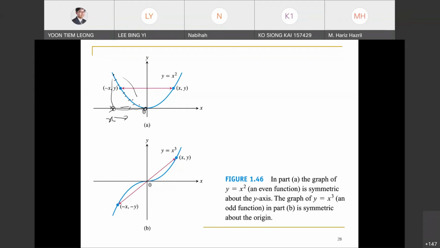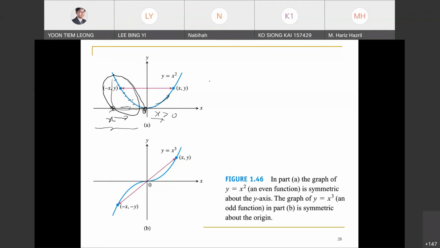So the function is actually decreasing when you go from negative infinity towards 0. But once x is larger than 0, then the function is actually increasing. Right? The function is increasing when x is larger than 0. So you cannot say this function is increasing or decreasing. You have to be very specific.